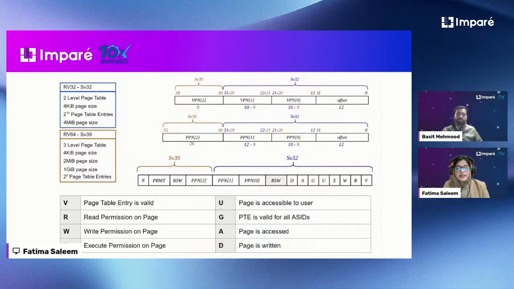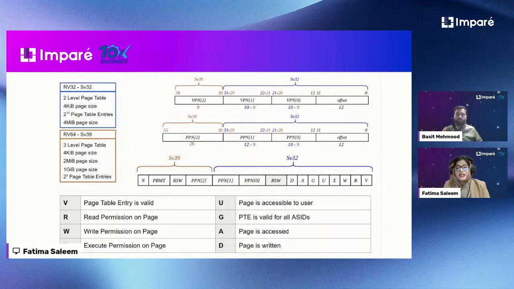So what does a typical page table entry look like for the lower bits? They are similar for 32-bit and 64-bit modes, Sv39 and Sv32. We start with the valid bit, which indicates that this page table entry is valid. And we have a combination of permission bits: read, write, execute. As I mentioned earlier, we access memory for three purposes.